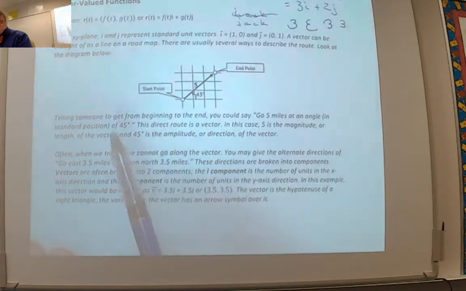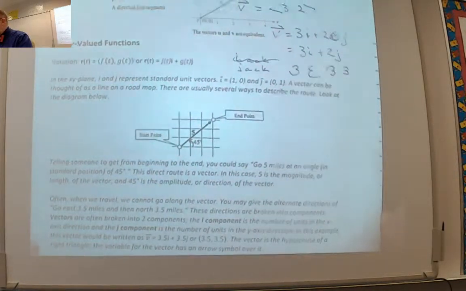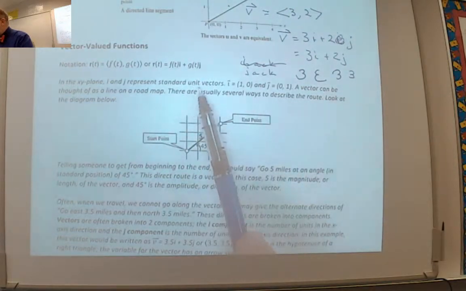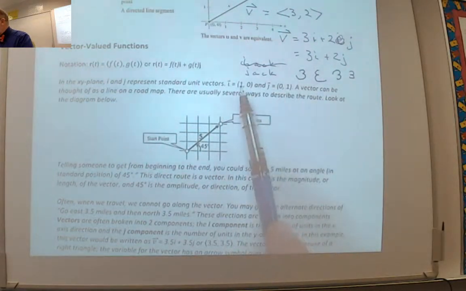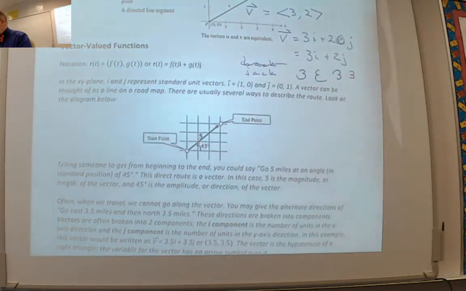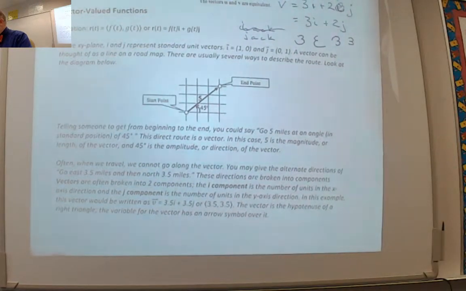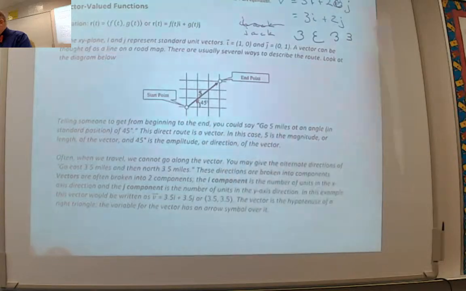I came across this good explanation. It says, in an xy plane, i and j represent what are called standard unit vectors, which means you'd be going 1 unit to the right, and this would be 1 unit up. A vector can be thought of as a line on a road map. There are usually several ways to describe the route, and I drew this particular route in.